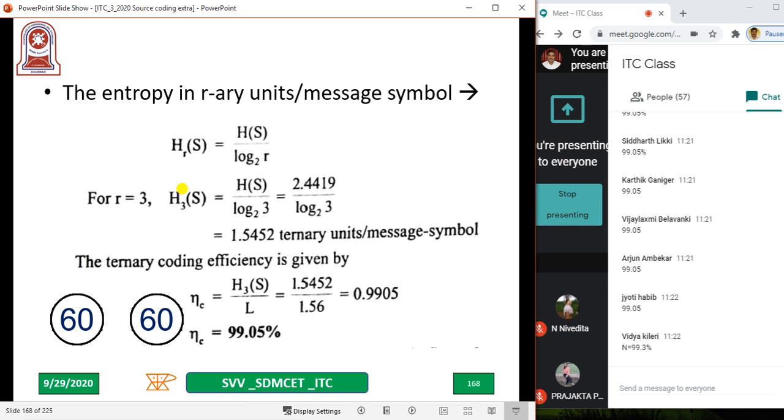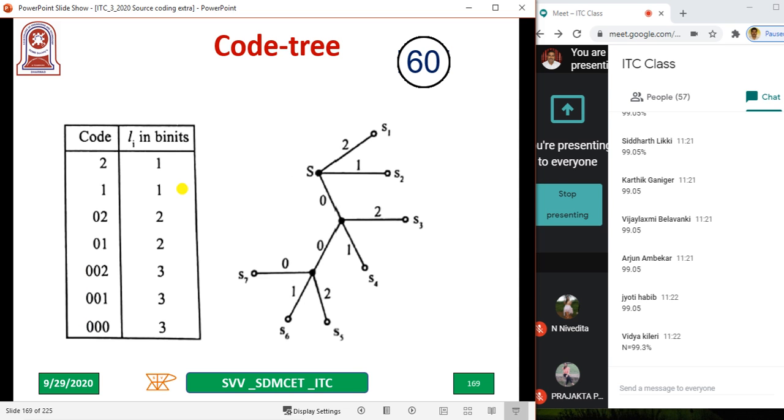Vidya Kalkeri 99.3. Write down the code tree. Those who have completed, and those who have not yet typed the answer in the chat box, try to type the answer in the chat box. Take a few more seconds. Write down the code tree. Along with the path, if you go, you should get the same code word.